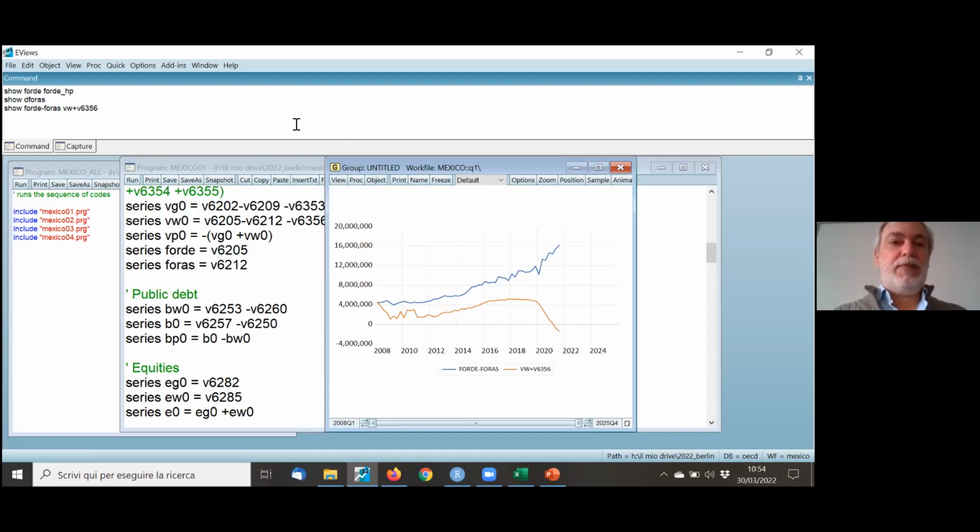So let's see what happens if we compute the gap between our stock measured in this way and the stock measured at historical prices, and we divide it by the opening stock.